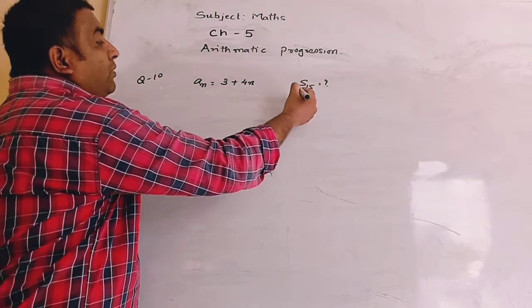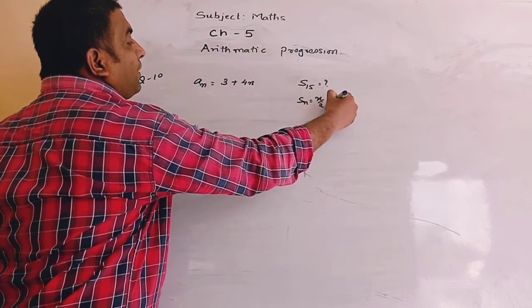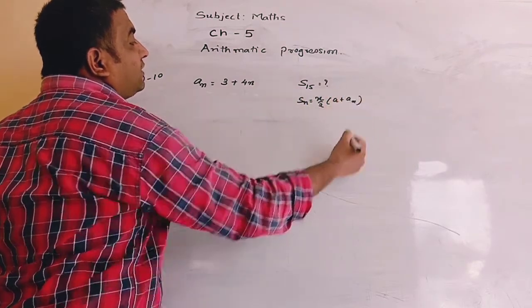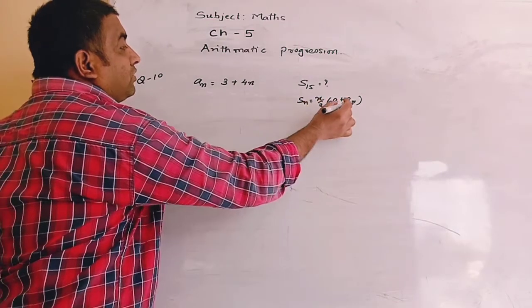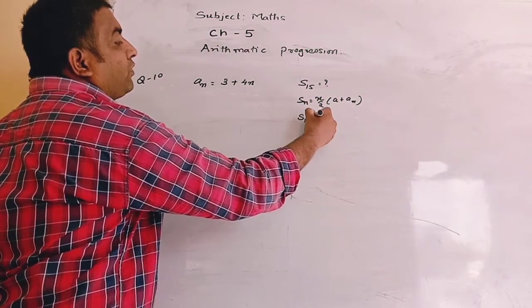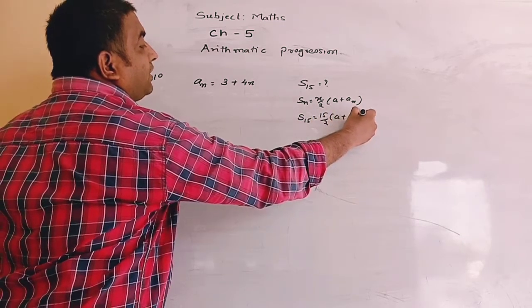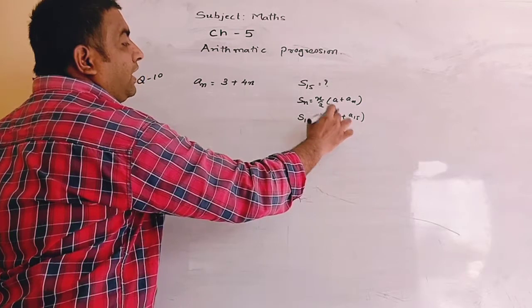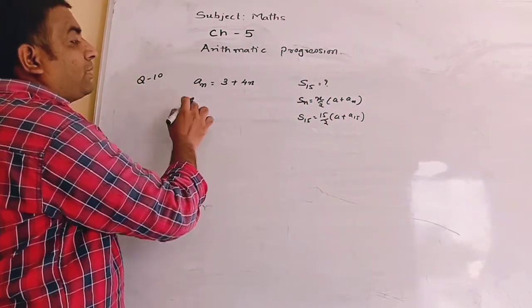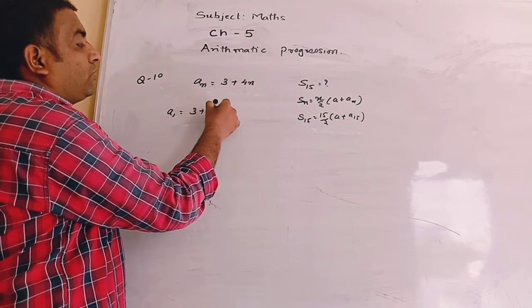For the sum, we know that Sn equals n by 2 into (a plus an). So for S15, we want to find 15 by 2 into (a plus a15). So we want the first term a and the 15th term. First term means a1 equals 3 plus 4 into 1.